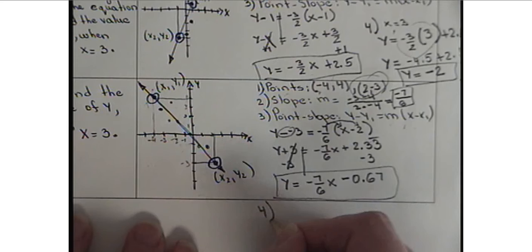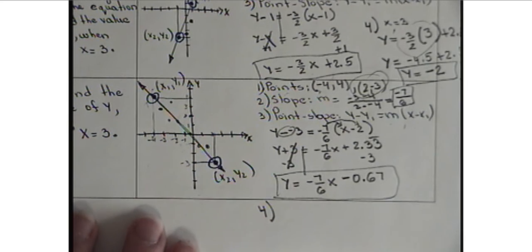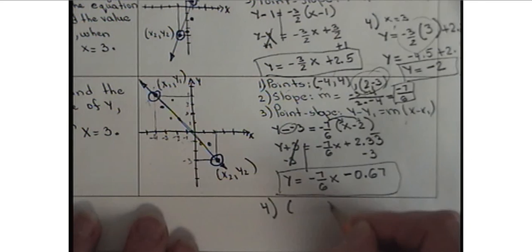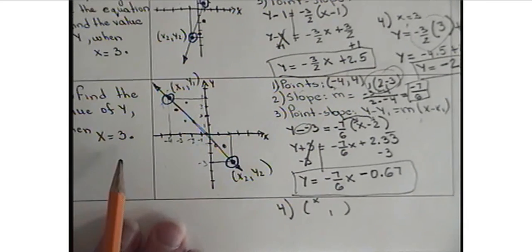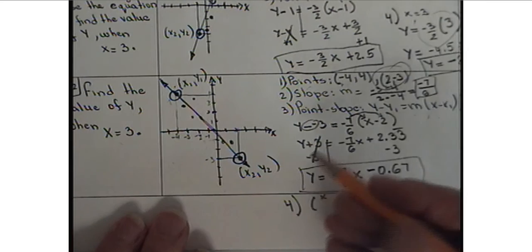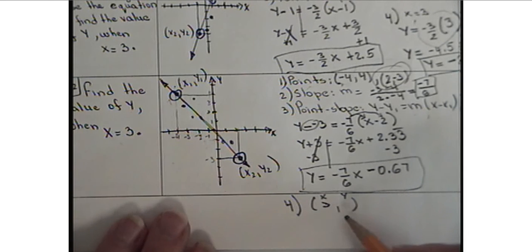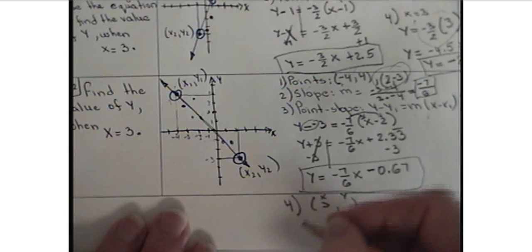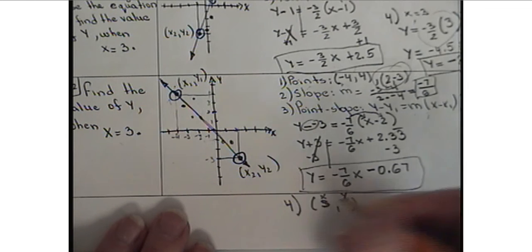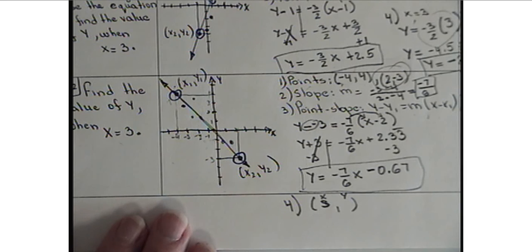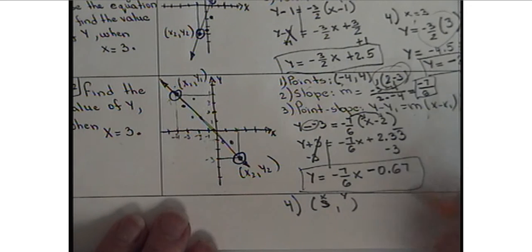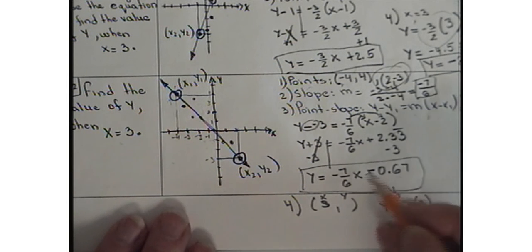Final step 4, we just have to find out what y will be if we know that x from the beginning is 3. We just need to calculate what will be the y coordinate of the next point that we are going to predict, where it's going to be the location of the next point on the graph. So let's go ahead and substitute in this equation y equals negative 7 over 6 times 3. Instead of x, we put 3, minus 0.67.